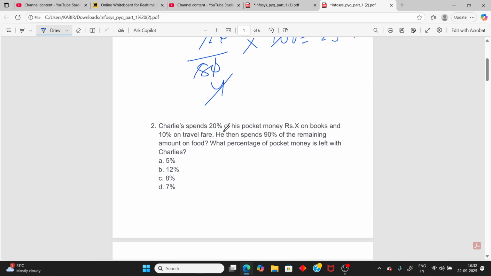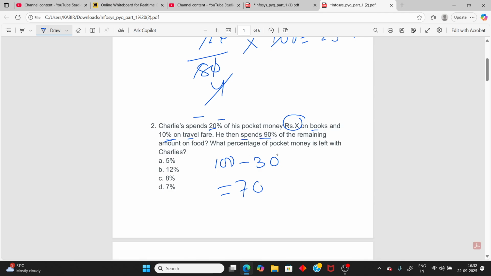Moving to the next question. The child spent 20% of his pocket money. How much is the pocket money? X. I'm taking it as 100, you can take X also. On books, and 10% on travel. So I have spent a total of 30% here. 20 plus 10. If I take 100, how much is 30%? 30 rupees. So you have 70 left.